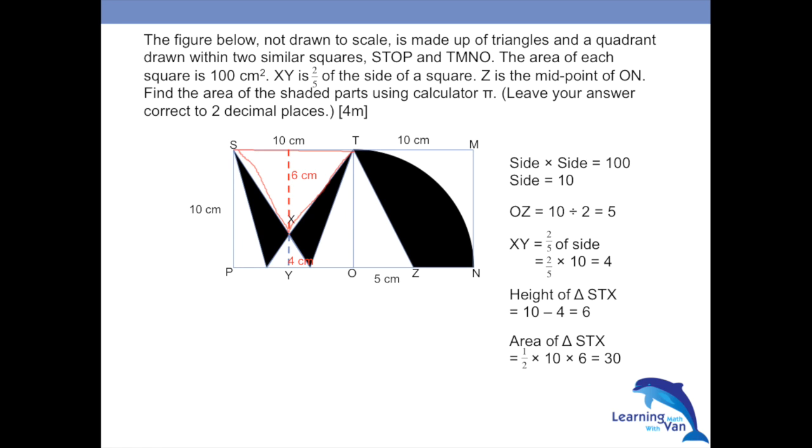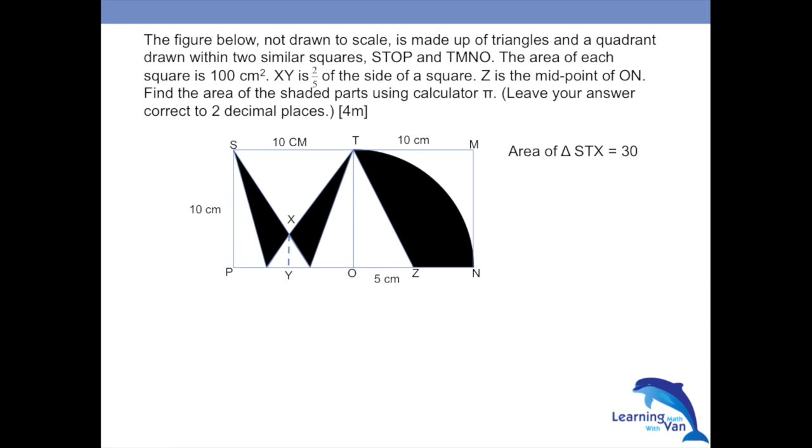I'll show you why I am doing that. This is the only information I have with regards to a triangle. Of course there are other triangles, but there's no information given with regards to the base and the height for those two shaded triangles. Do you see that? So what's next? Remember, I have just found the area of triangle STX.